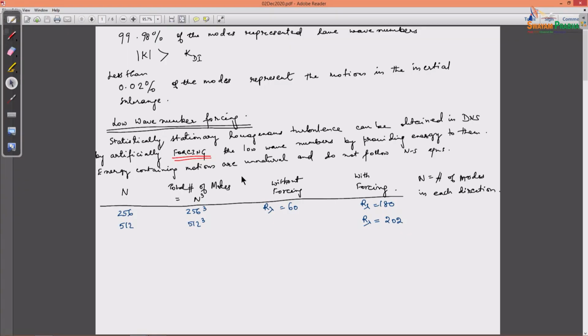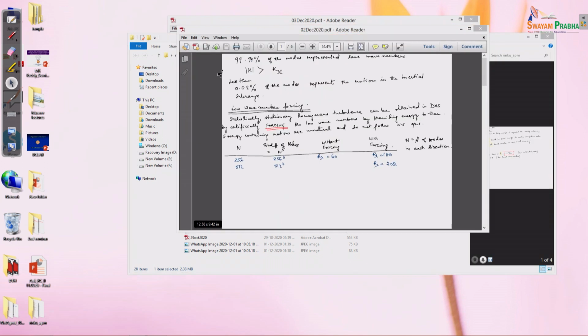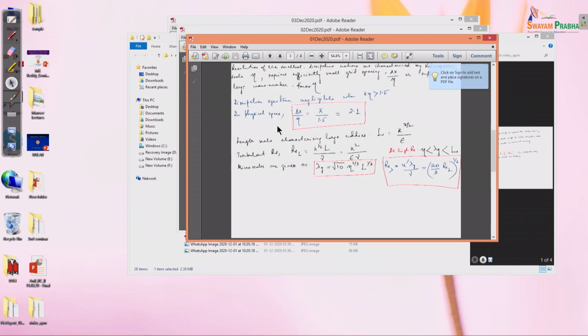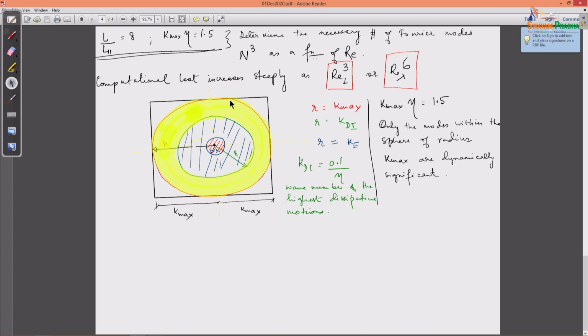I think we drew up a domain. Let me pull this up. Yes, so we got this domain typically, and this is K max.